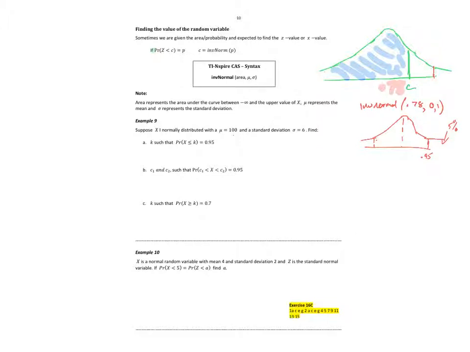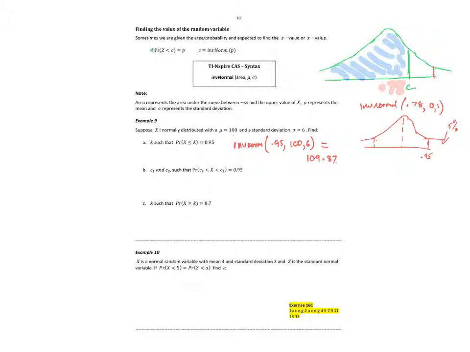In this case, it's inverse norm 0.95, 100, 6, which is equal to 109.87.